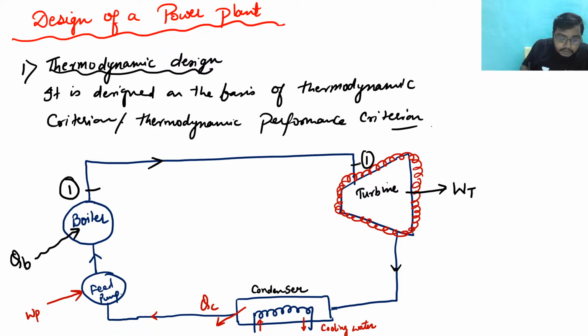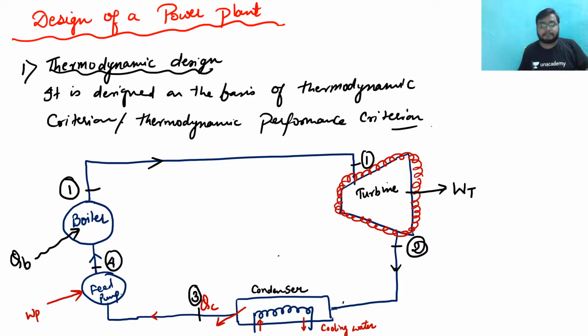This would be state 2, this would also be state 2. This would be state 3, and this would be state 4. Now see, this is the basic design of a power plant.